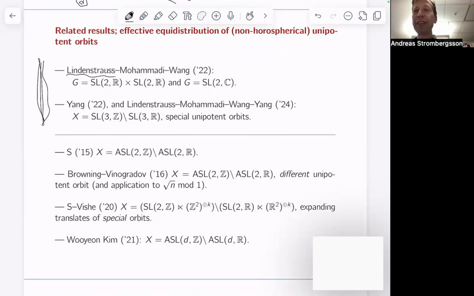So here's a result by Lindenstrauss, Mohammadi, and Wang. They work instead on quotients of the Lie group SL2R times SL2R, or G equals SL2C, and consider one-dimensional unipotent orbits again, and manage to prove an effective version of Ratner in this setting, if the lattice gamma is an arithmetic lattice.